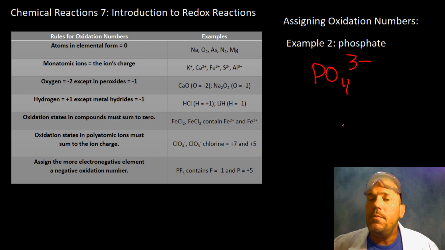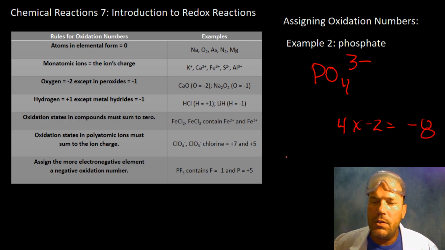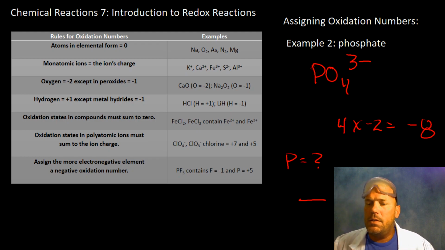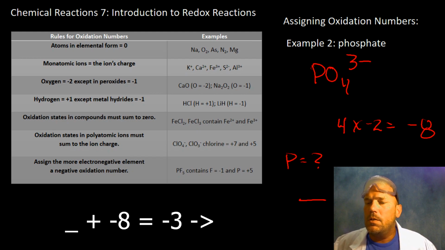We'll start with oxygen. 4 oxygen times -2 equals -8. So phosphorus equals, we don't know. So blank plus -8, however you want to write this is up to you, equals -3.